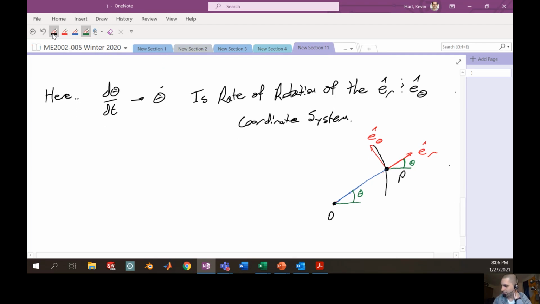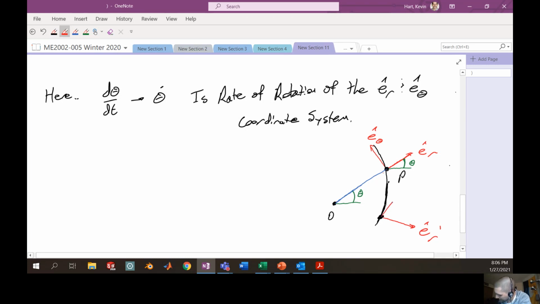And as I move from P to, let's say, another location, if I extend this down here, I move out to location P prime. And here I have a new unit vector that's pointing back, piercing through point O, back to the origin there. Let's call this E hat R prime.